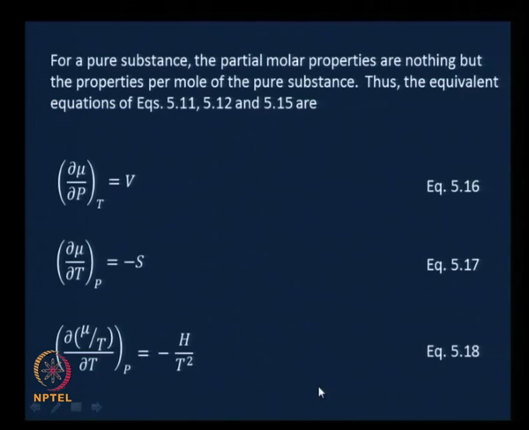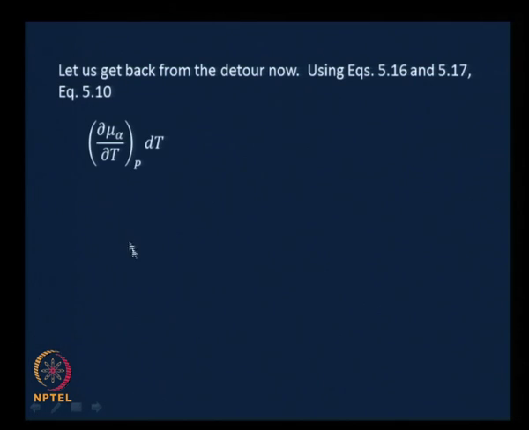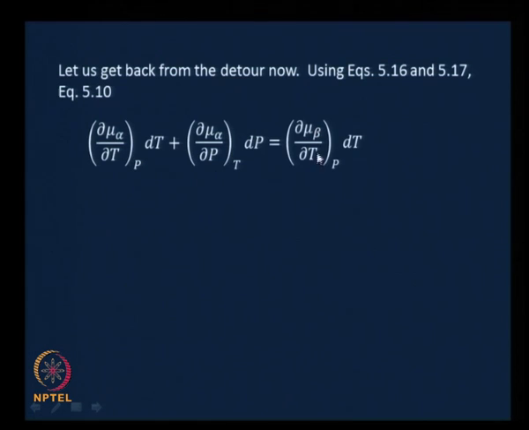And using these we substituted into the equality of the chemical potential differential expression, which is given here: ∂μ_alpha/∂T at constant P dT plus ∂μ_alpha/∂P at constant T dP equals ∂μ_beta/∂T at constant P dT plus ∂μ_beta/∂P at constant T dP.